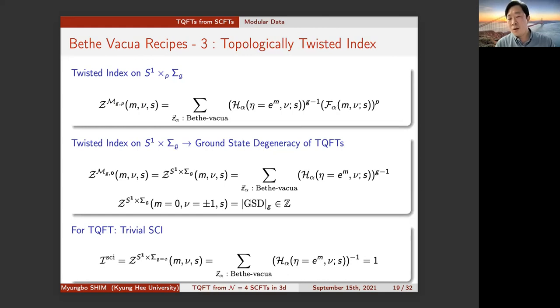Using our dictionary, this gives the ground state degeneracy of the topological theory on the Riemann surface sigma G. And considering the G equals 0 case, we recover the trivial superconformal index as a check of the topological theory.